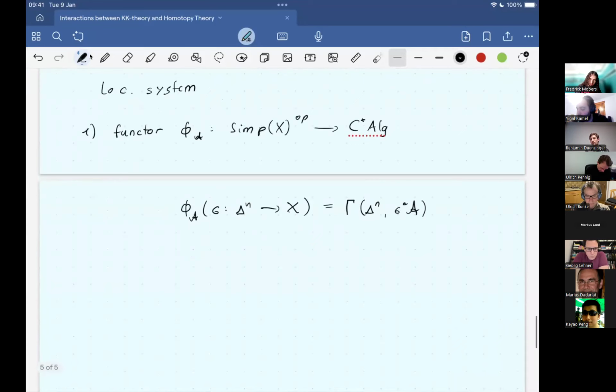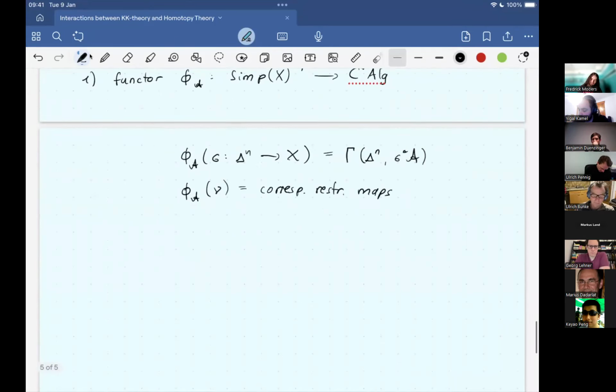And then this extends to functors. You can easily check by mapping this to the corresponding restriction maps. And then, we like simplices for a reason, right?